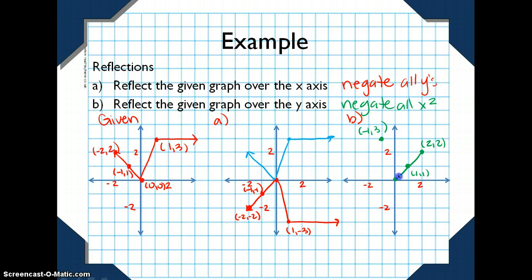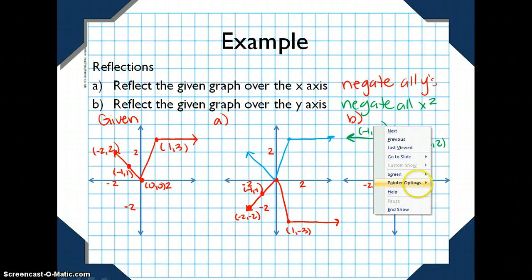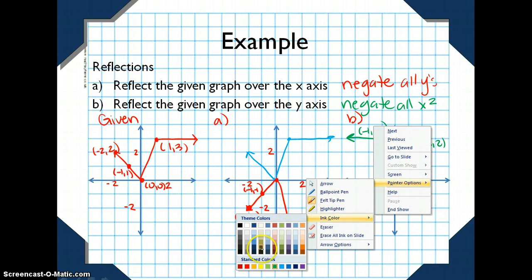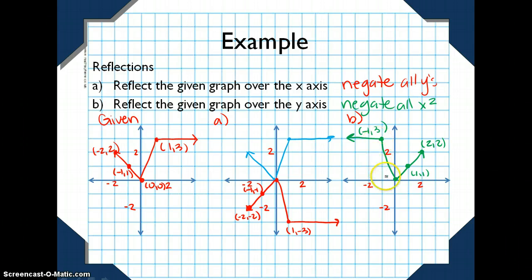Okay, connect those dots, again keeping the look and feel of the original graph, and you're done. Again, if I was to draw on the original, I'll go back to drawing it in red. You can tell that they are reflections of each other.